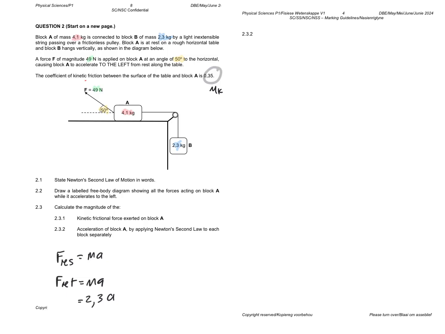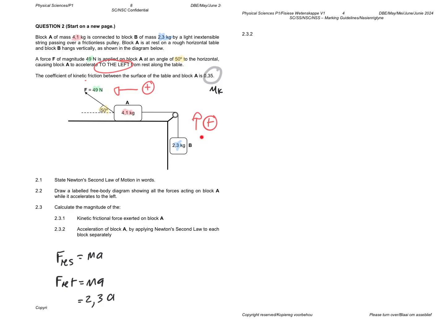The other thing that's very important here is the direction. If I want to say that this way is positive, because the system is moving to the left, it's nice to make left positive. That means that up must be positive, because, and we need to watch very carefully here, up and left are the same direction.